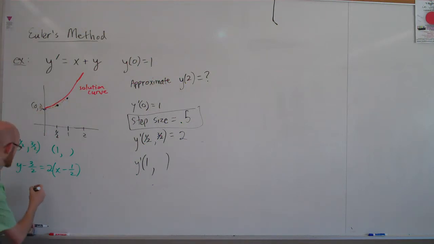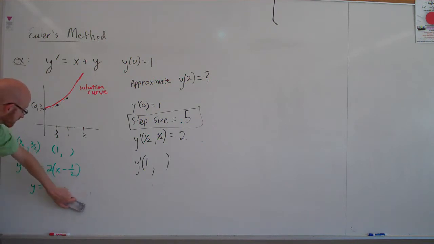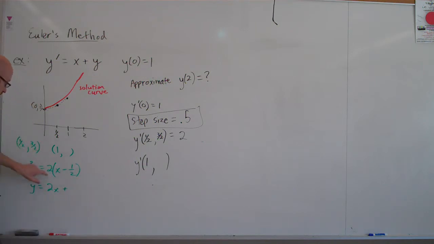So I'll just simplify this a little bit. y equals 2x, that's 1 plus 3/2 is 5/2. So now to find the y value of that point, 2 times, oh, sorry, I think I screwed up there. 2 times negative 1/2 is negative 1, plus 3/2 is 1/2. Sorry. Now we'll put 1 in here, that'll be 2 times 1 plus 1/2, and you'll get 5/2.